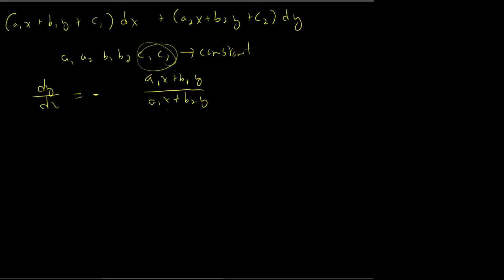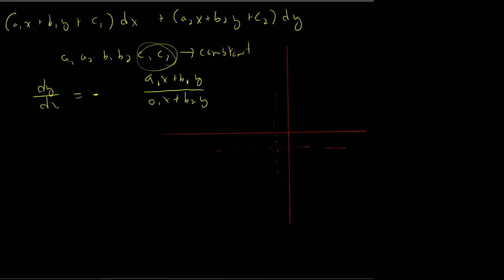Well, this is homogeneous, but what we're going to do here is change the axes. If you think about it, there's x and y, and we're going to do some change where x is some u plus h, and y is some v plus k.